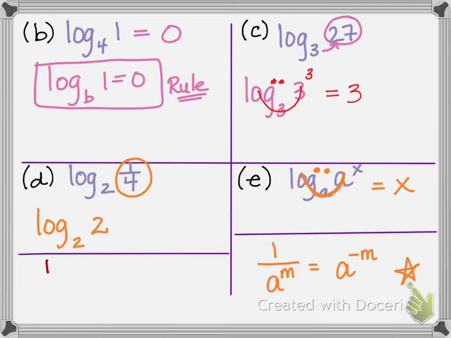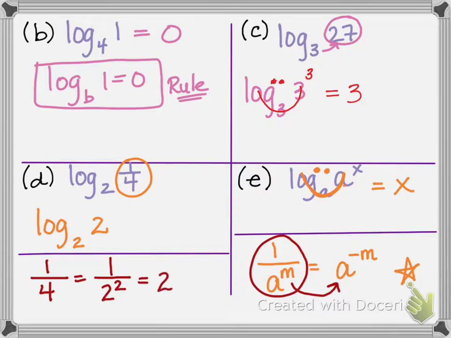I have 1 over 4. But I know 1 over 4 is the same thing as saying 1 over 2 squared. So if I use this formula right over here, I know I can rewrite 1 over 2 squared in that format. What would that be? Well, that would just be 2 to the negative 2.